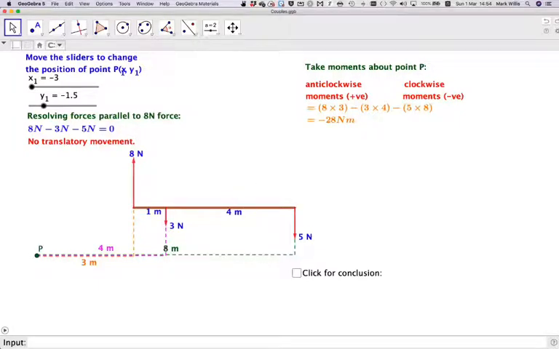However, there is a rotational movement, and we can see that by just taking moments.